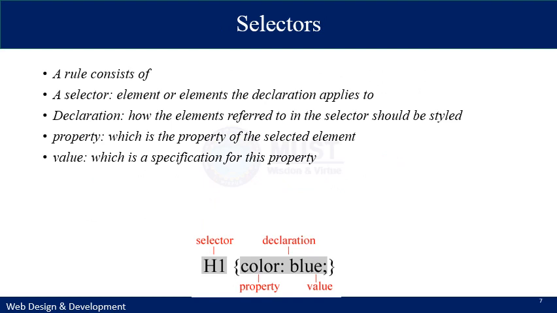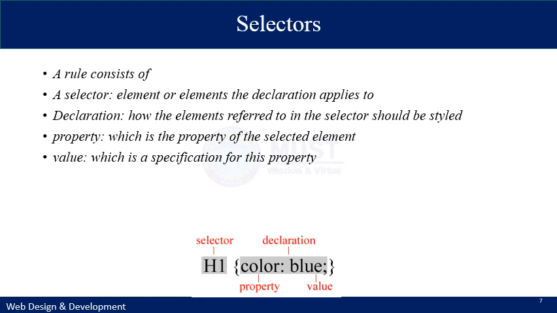So let's look at the syntax of defining a style. It is defined by a rule. A rule consists of a selector, a declaration, a property, and a value. So a rule starts with a selector. The selector specifies on which elements your style will be applied.